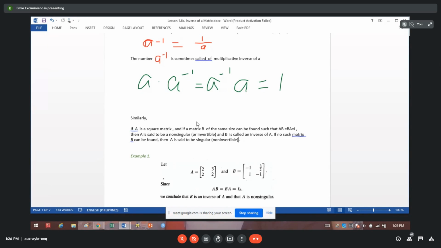An identity matrix, as you may recall, is a square matrix. It must be square. The number of rows coincides with the number of columns. Okay?